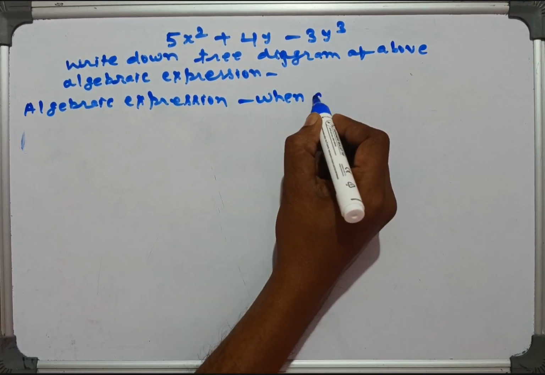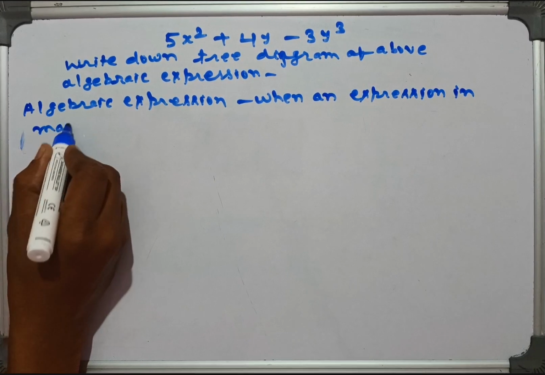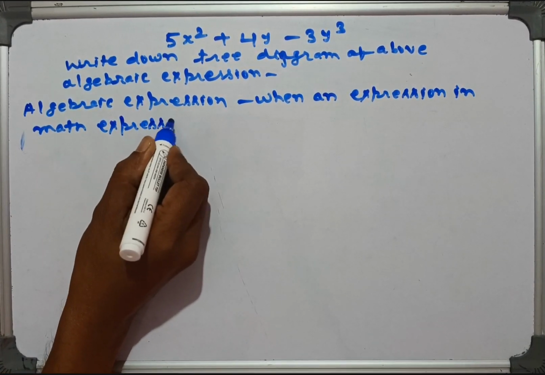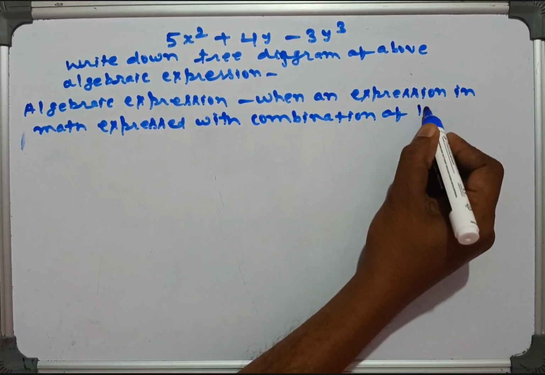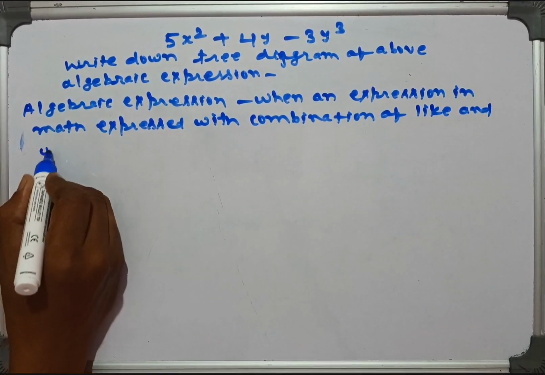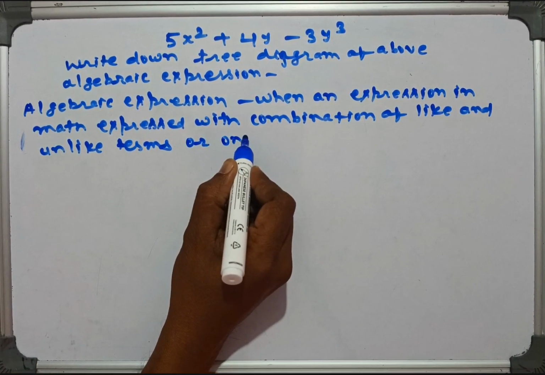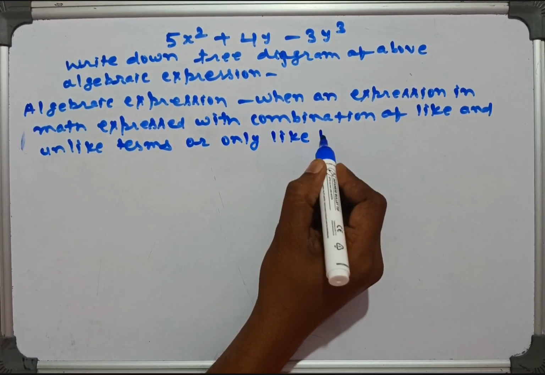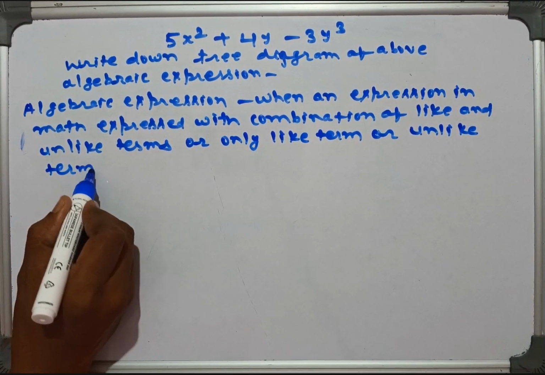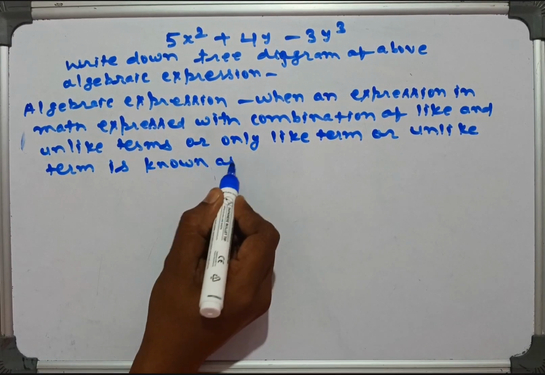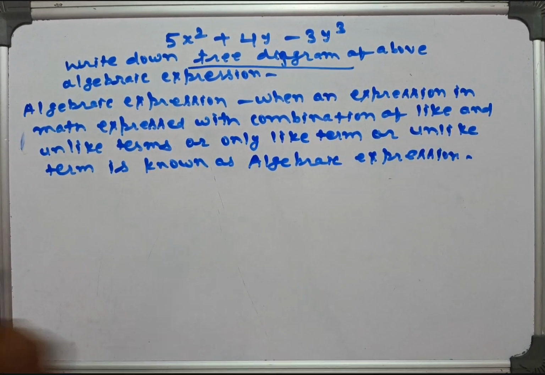When an expression in math is expressed with a combination of like and unlike terms, or only like terms, or unlike terms, it is known as an algebraic expression. Okay guys, so come to our question.